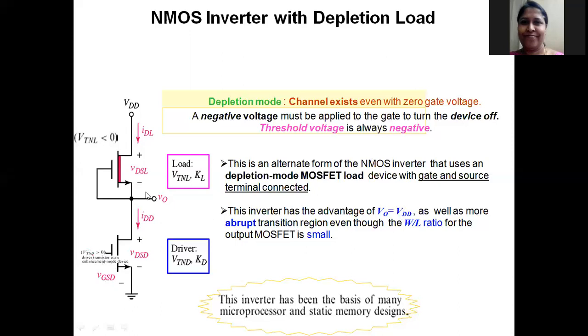An inverter produces logic high voltage at the output when logic low is applied at the input, and logic low at the output when logic high is applied at the input.